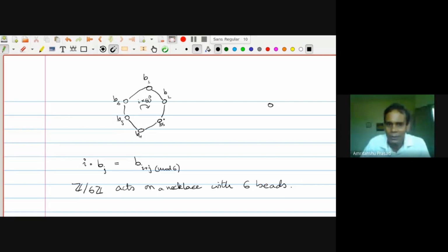Many examples actually come from graph theory. You can think of these objects as graphs. So here's a somewhat more interesting example. This is of course the necklace so far, but it becomes very interesting if you draw some more edges here. So this graph here is called the octahedral graph.